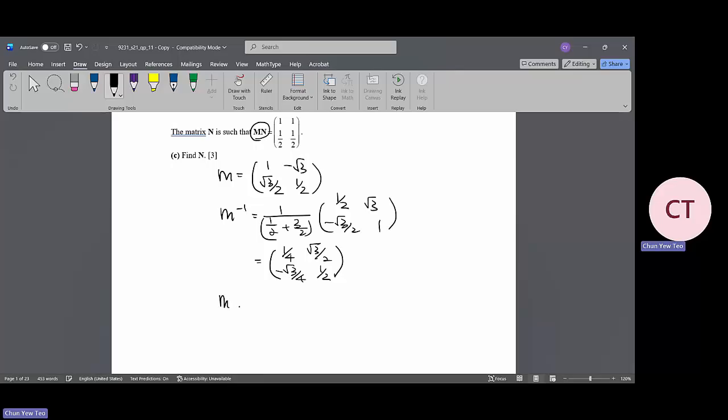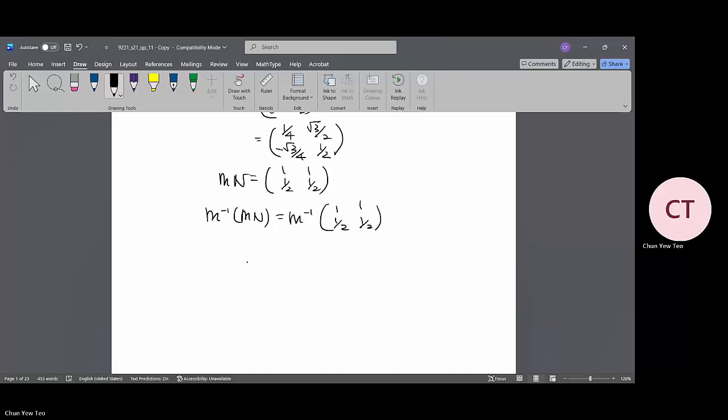Then we just write MN is equal to 1, 1, half, half, then the M inverse. You need to show the procedure, the steps for finding N. So it will be like this. Then just multiply as usual, a very normal multiplication.